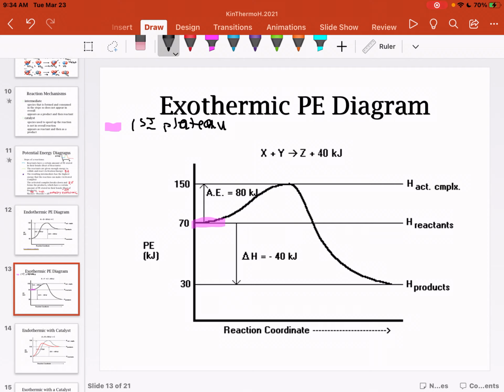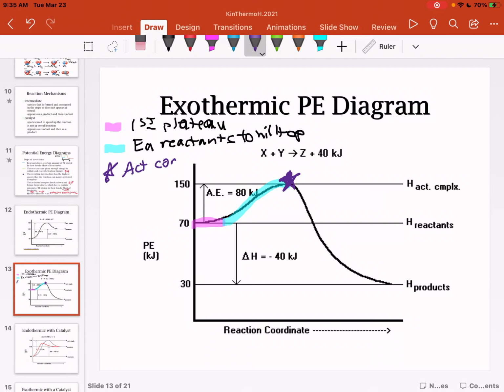From reactants to the top of the hill is my activation energy. Activation energy, as we said, is from reactants to the top of the hill. I have my activated complex. My activated complex is the hilltop. Activated complex right there is our hilltop.